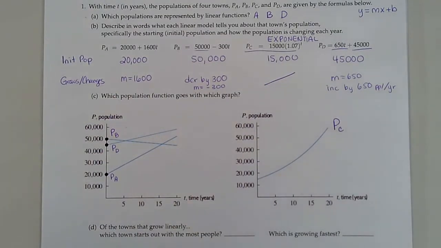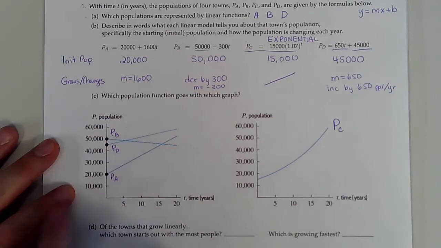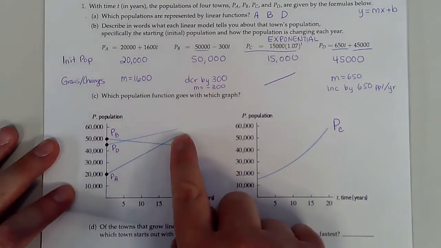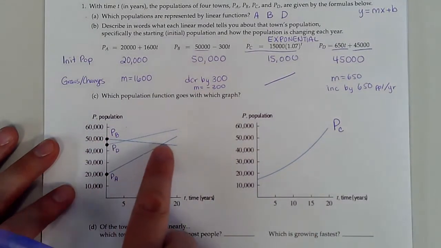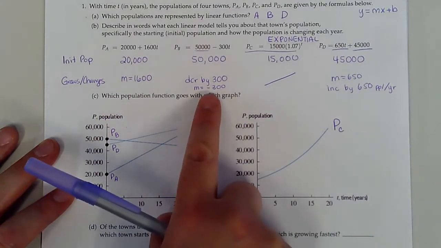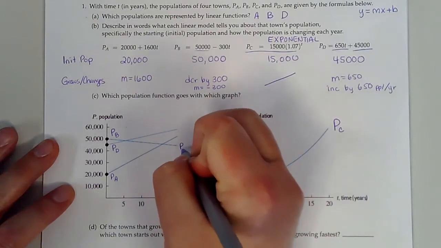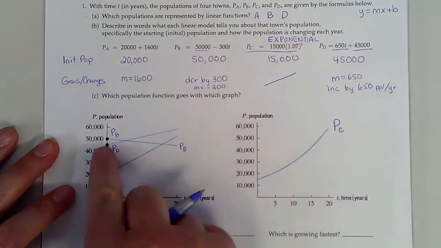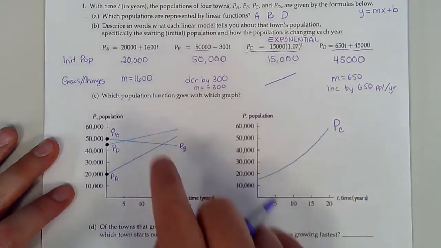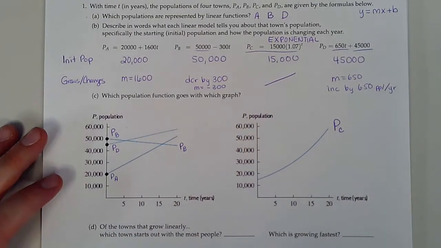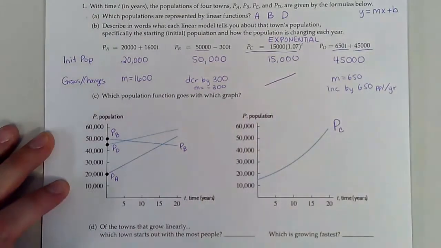Okay, so that's one way we could do it. Another way we could look at figuring these out is I have two that are going uphill, so two with increasing, and I have one that is decreasing. The only one with the negative slope was town B. So that'd be another way. And then between these two, because they're both positive, I'm looking for the one that has the steeper slope because it's going to be growing faster.